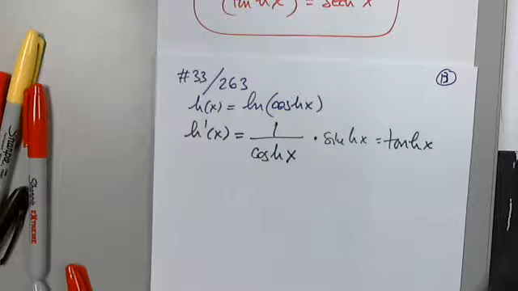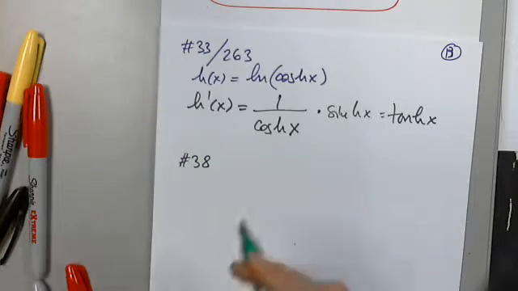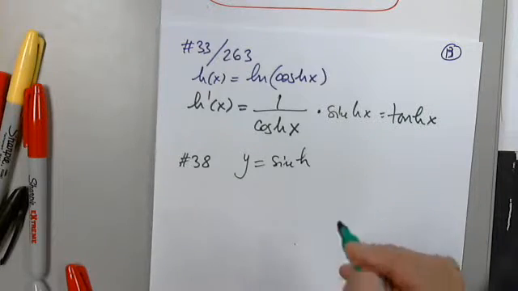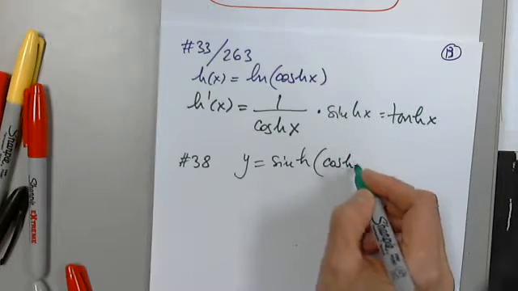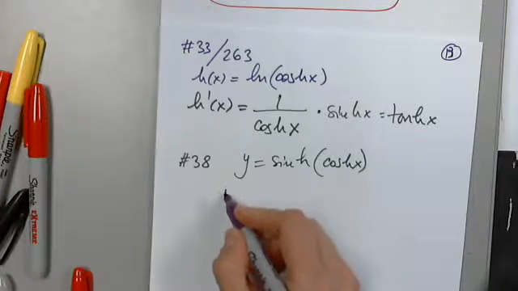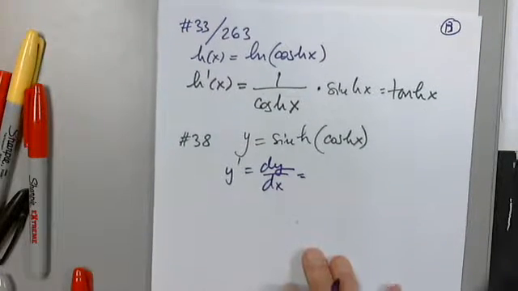Let's also look at, let's say, 38. y equals hyperbolic sine applied to hyperbolic cosine x. Chain rule. The outer function is hyperbolic sine, the inner function is hyperbolic cosine. We want to find y prime, or dy over dx, not the differential.